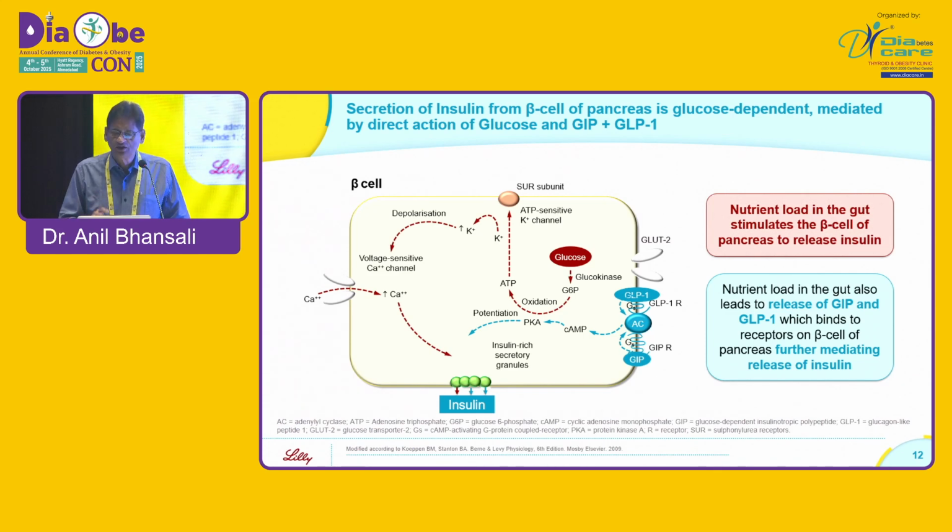So this is a cascade of events from the entry of glucose to the release of insulin from the beta cell. You can appreciate that the predominant stimulus for beta cell release of insulin is glucose. But you can see that GLP-1 and GIP are also seen here.